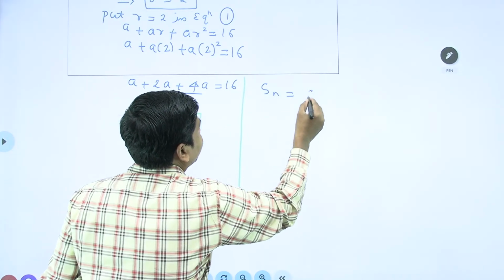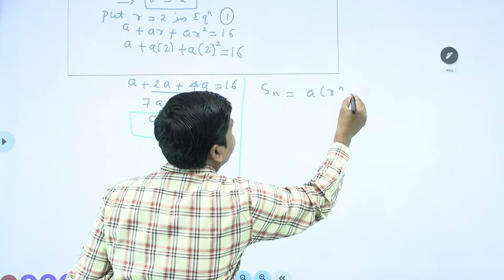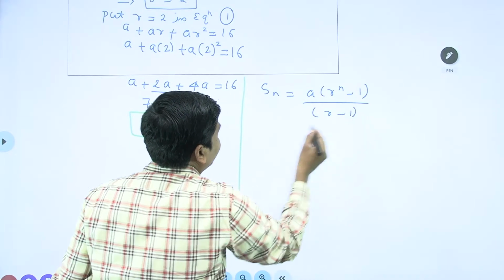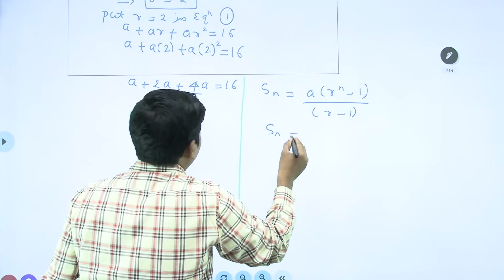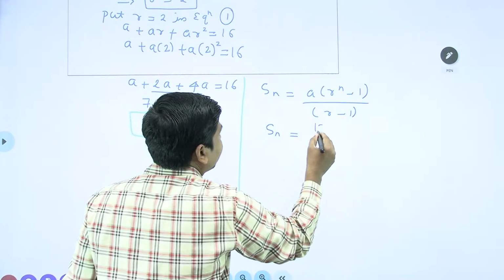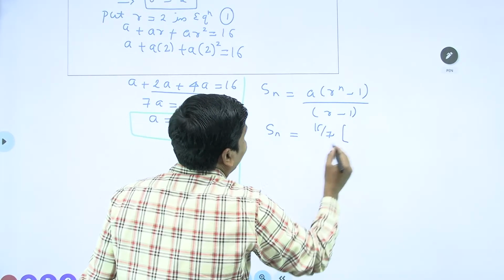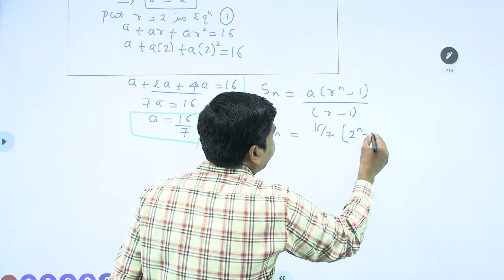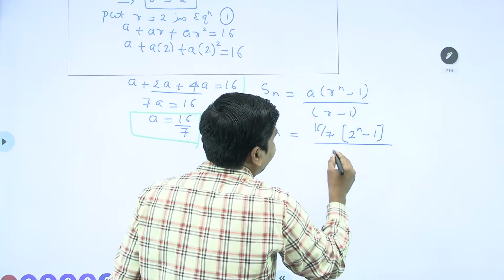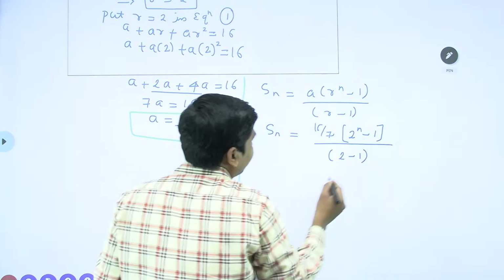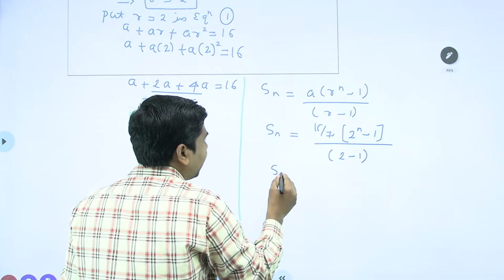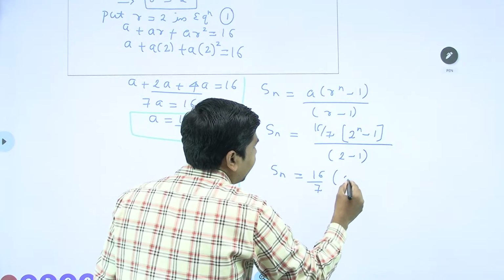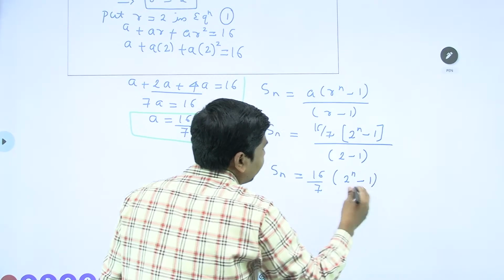The Sn formula is a into r to the n minus 1 by r minus 1. Here a is 16 by 7 and r is 2, so 2 raised to n minus 1 by 2 minus 1, and 2 minus 1 is just 1. Sn equals 16 by 7 into 2 raised to n minus 1.